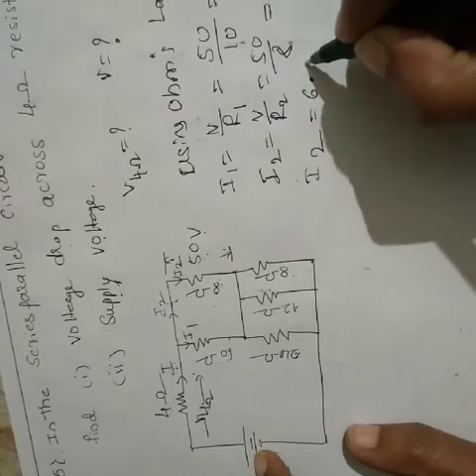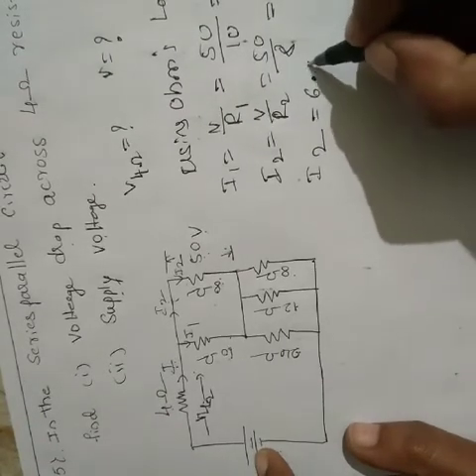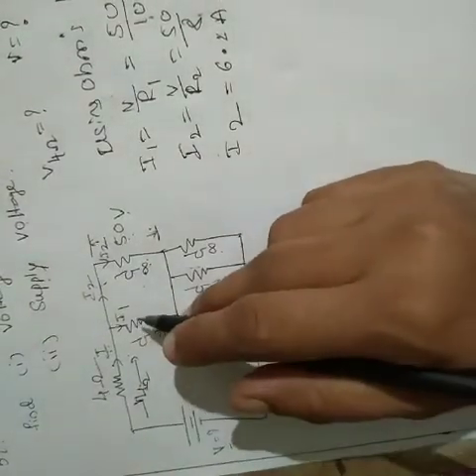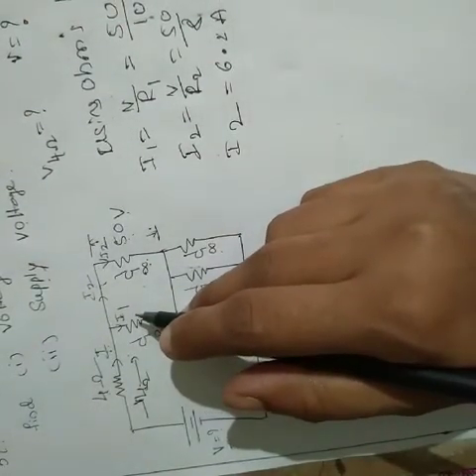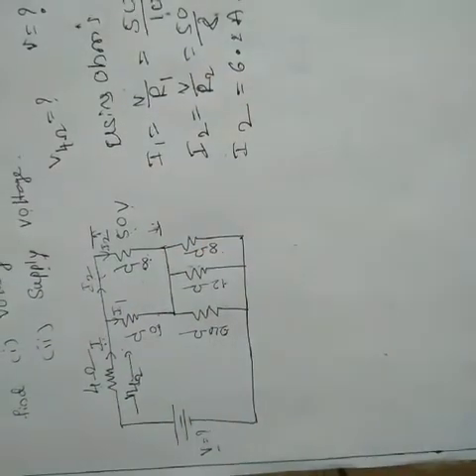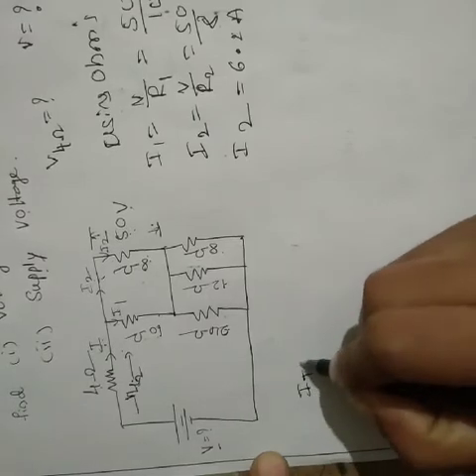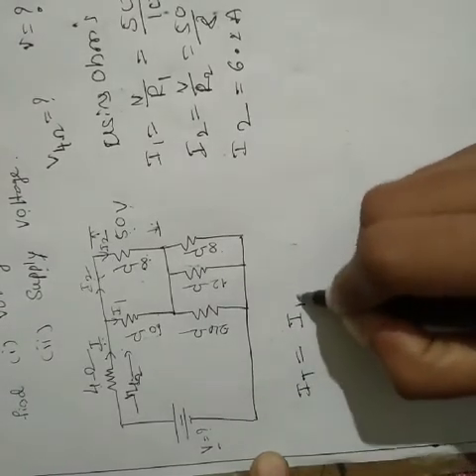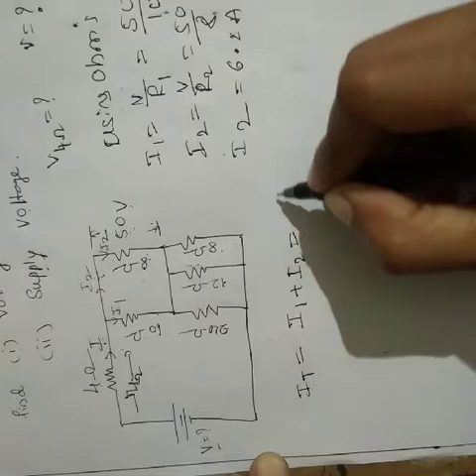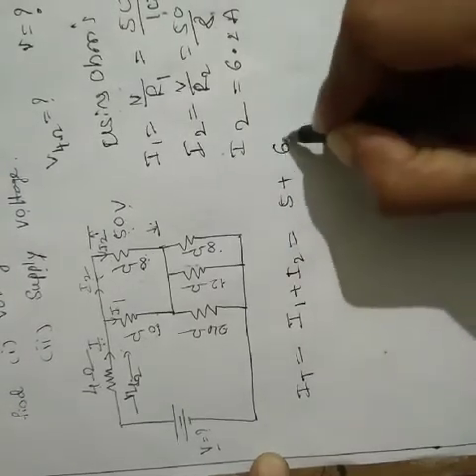6.2. Okay, now once you get I1 and I2, therefore total current is equal to I1 plus I2. I1 is 5, I2 is 6.2.